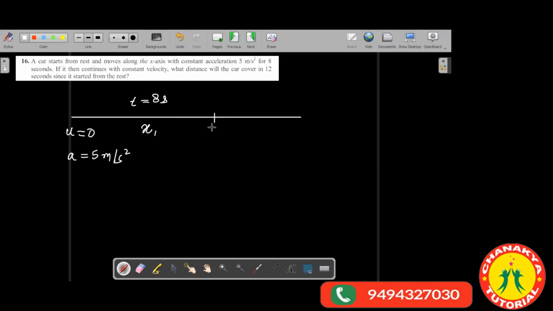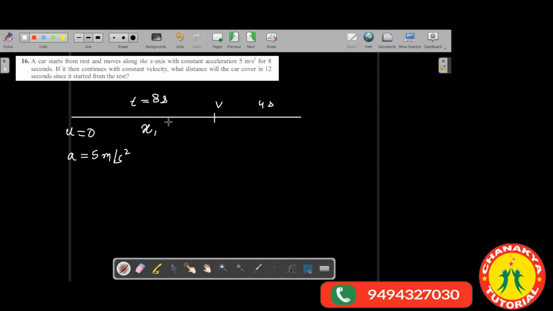Now after this, it stops accelerating. After 8 seconds, there is no acceleration. So whatever velocity is attained during this journey, it continues to move with that velocity v for the next 4 seconds, which completes a total of 12 seconds.